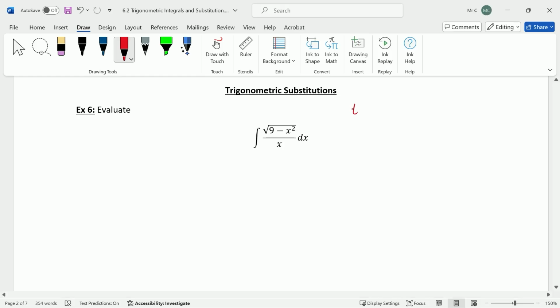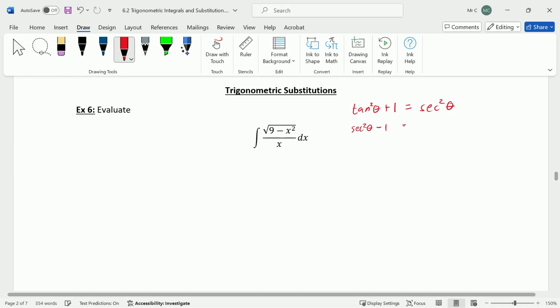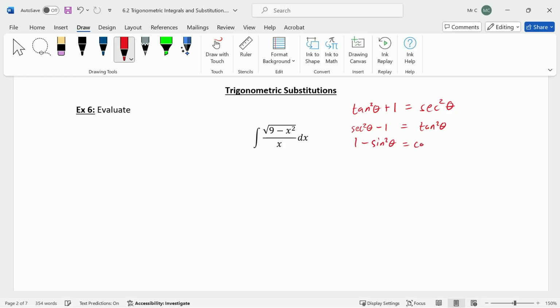So we know that tangent squared of theta plus 1 is secant squared of theta. And we know that secant squared of theta minus 1 is tangent squared of theta. And we know that 1 minus sine squared of theta is cosine squared of theta.